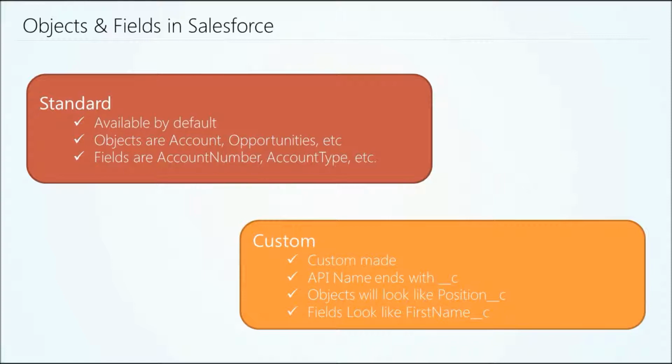You can differentiate the custom objects and fields from the standard ones by their API name itself. All the custom objects and fields end with underscore underscore c, that is, two underscores before the c. The c represents that it is custom. For example, position__c is a custom object and first_name__c is a custom field.